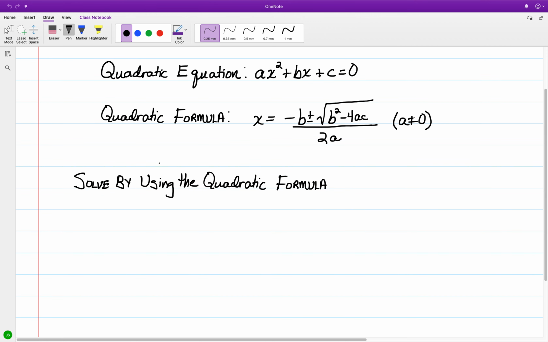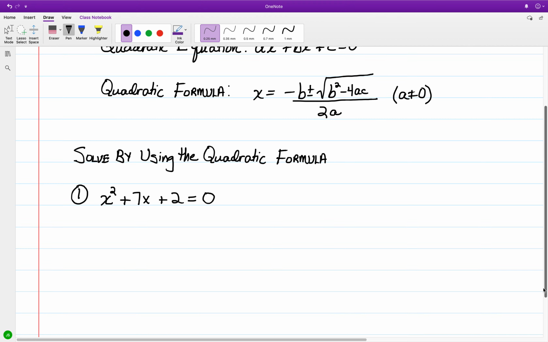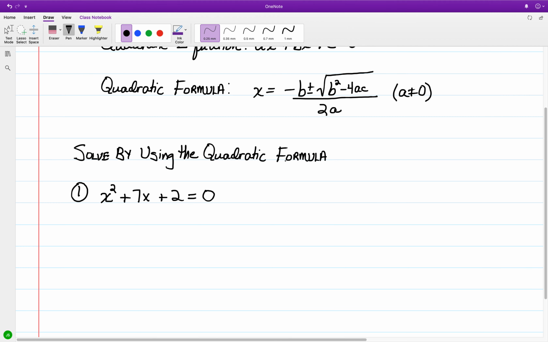Now, let's say in terms of solving by using the quadratic formula, we have an equation such as x squared plus 7x plus 2 is equal to 0. If you notice, we have a trinomial that cannot be factored.